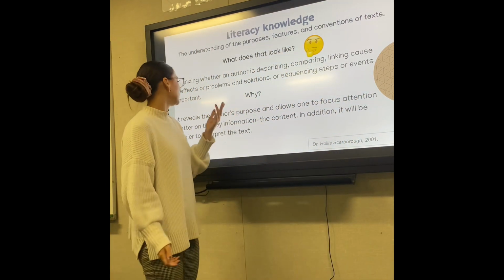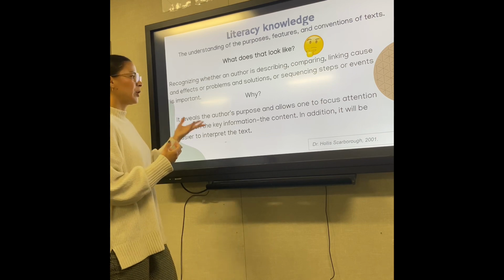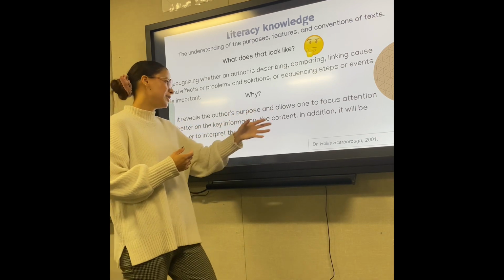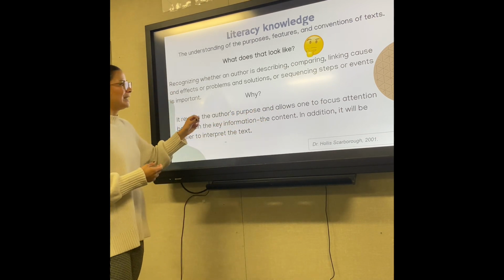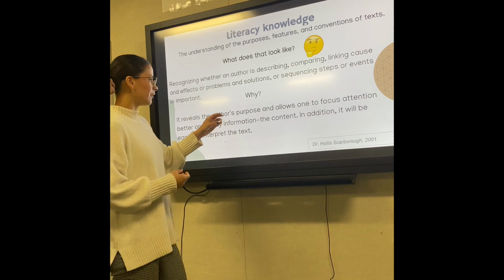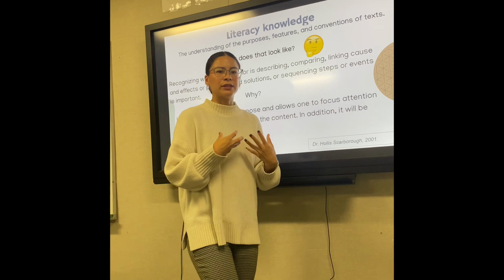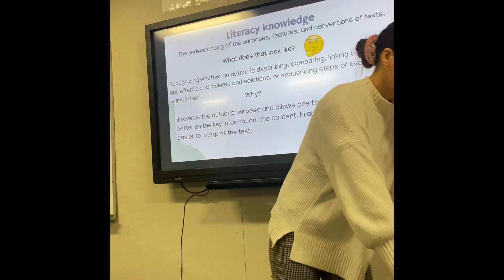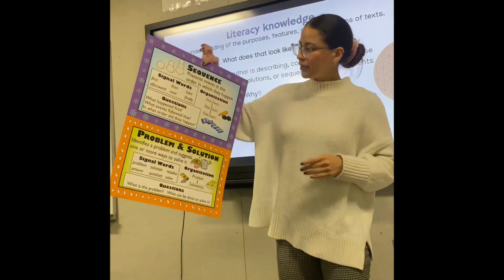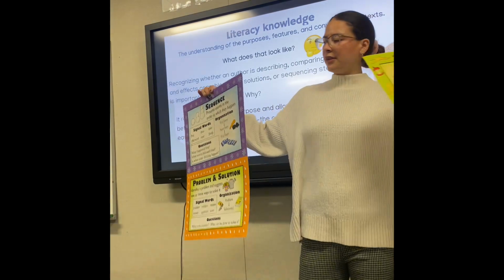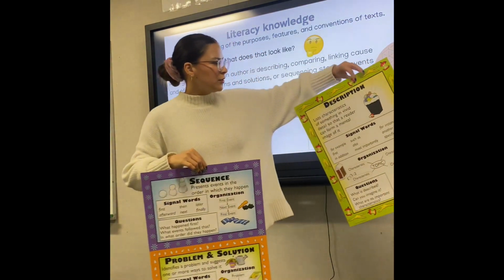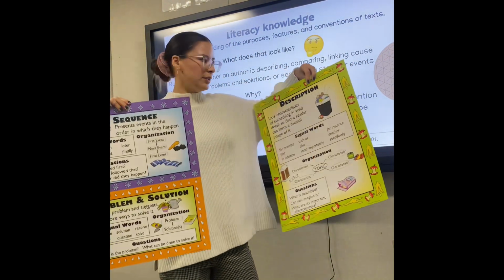So why is this important? It reveals the author's purpose and allows one to focus attention better on the key information of the content. In addition, it will be easier to interpret the text, so it's easier to know what you would be looking for. There are anchor charts and things that we can use to support students.